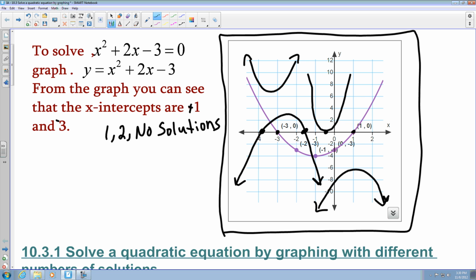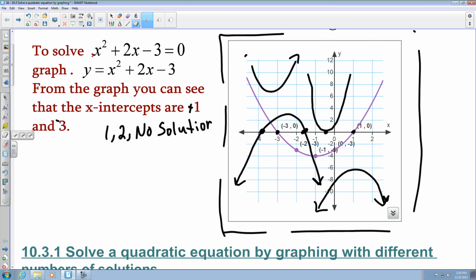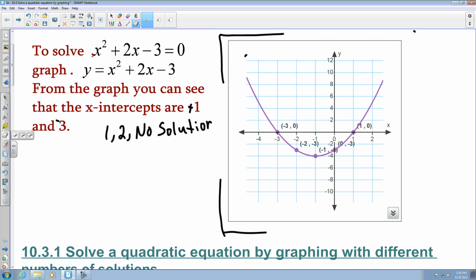So let me erase all this and clean it up a little bit. So we're adding that fourth step to finding the x-intercept. How we do that mathematically, after we determine that it does have either one or two intercepts, let's use the example of y equals x squared plus 2x minus 3.